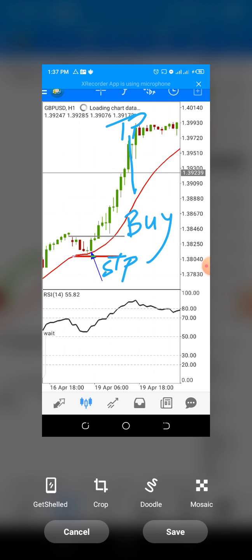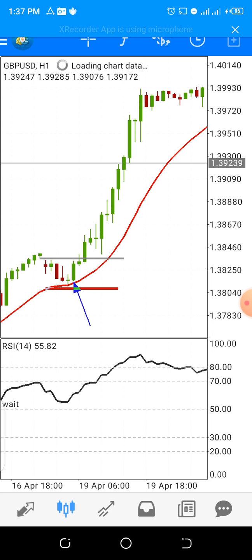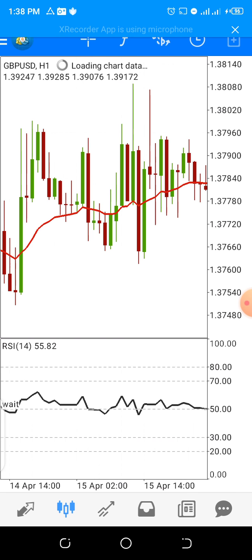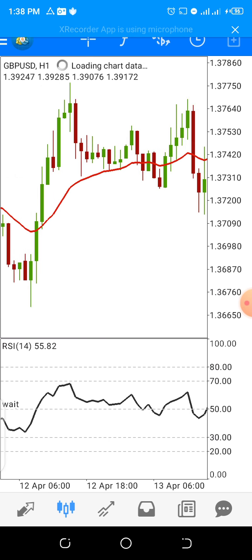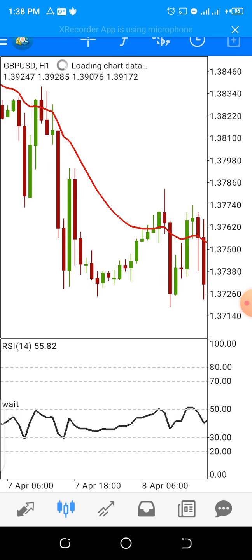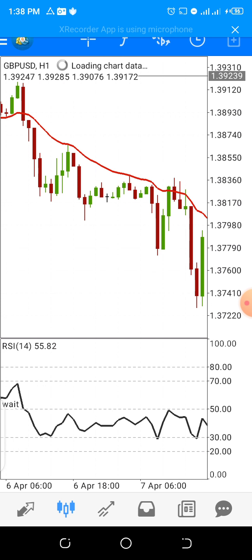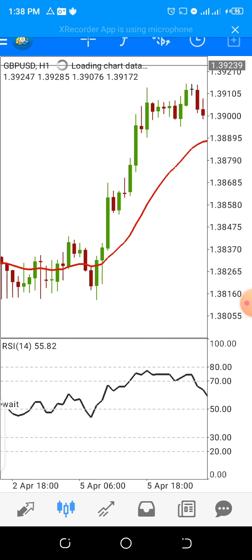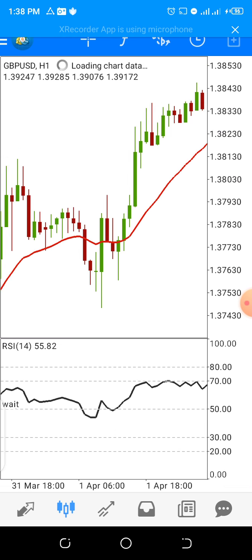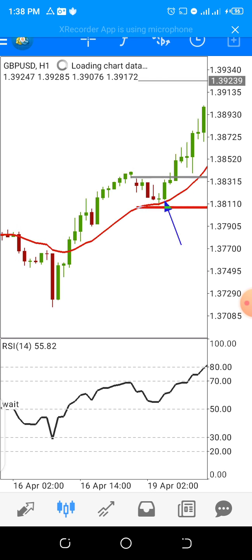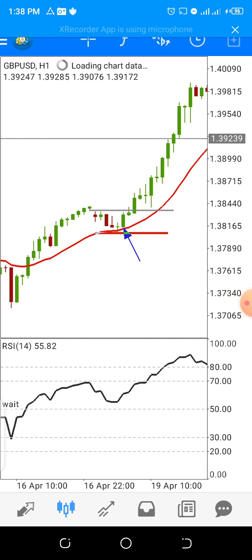Now, if you test this strategy, why I said this strategy is 75%, even more than 75% success, is that if you want to experience 75% success in this strategy, please, guys, stick to 1 or 2 pairs.